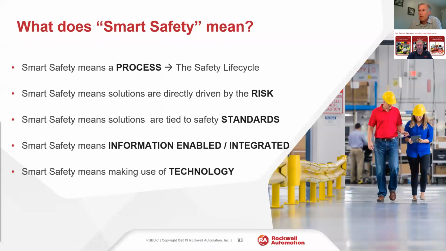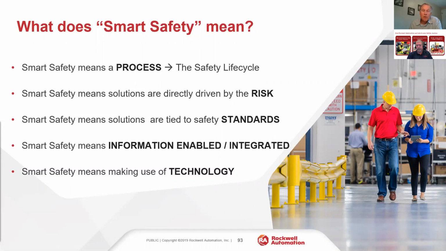All right, so we'll run through this again. What does safety mean? It's a process. We learned about the safety life cycle and the different steps that we need to follow to design a safety solution. That our solutions are driven directly by the risk, that these solutions are tied to the current safety standards.